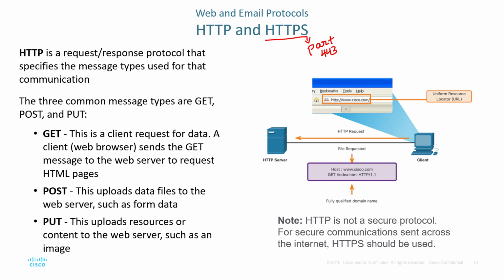A client web browser sends the get message to the web server to request those HTML pages. The post is when this uploads data files to the web server, such as form data. The put is when it uploads resources or content to the web server, such as an image. So a slight note here, HTTP is not a secure protocol. If you need secure communication sent across the internet, you should always use HTTPS.